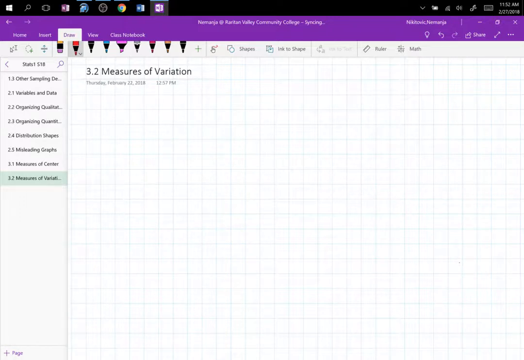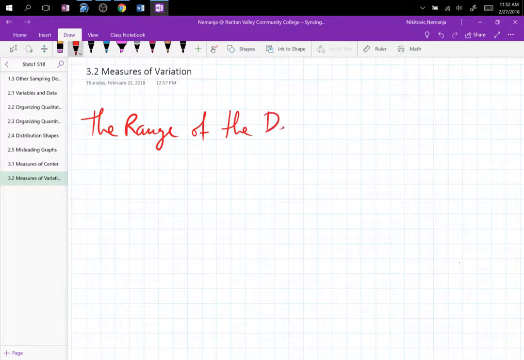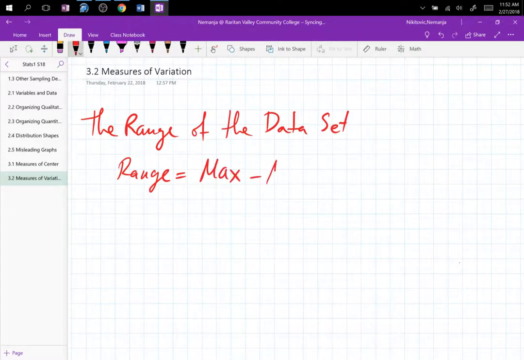So the range of the data set is max minus the min.